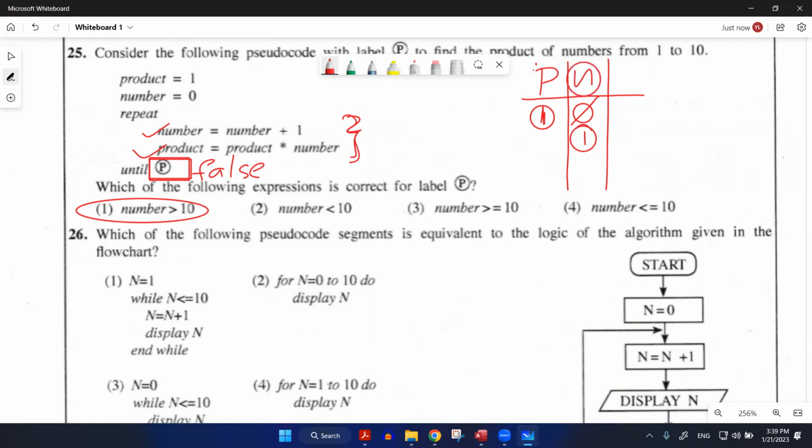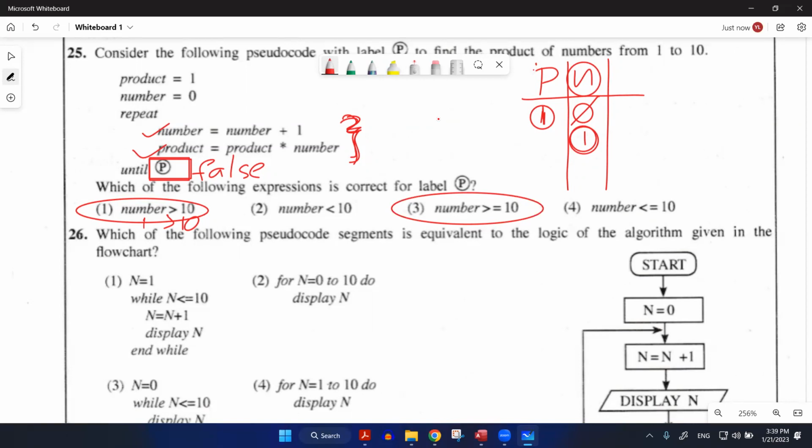For the moment, it's 1. So number larger than 10 means they're asking whether 1 is larger than 10. So it's no, it's false, right? So it can make this repeat. As well as this is going to do the same: number larger than or equal 10. Still, for the moment, it is false, right?